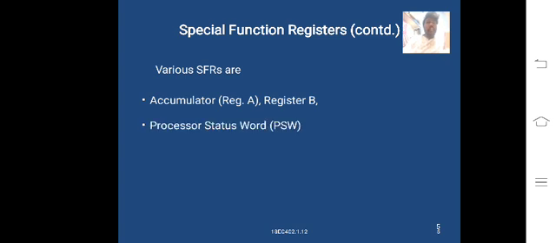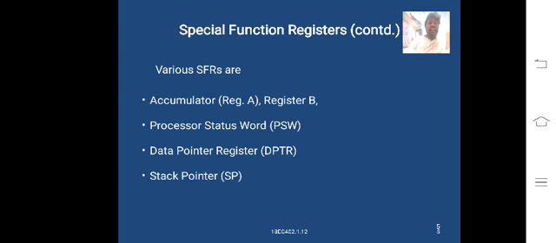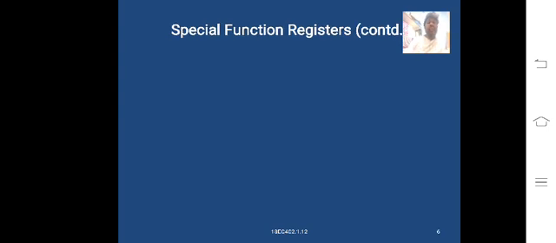The various special function registers, some of which we already discussed, are the accumulator register A, the program status word PSW, the data pointer DPTR, and the stack pointer.